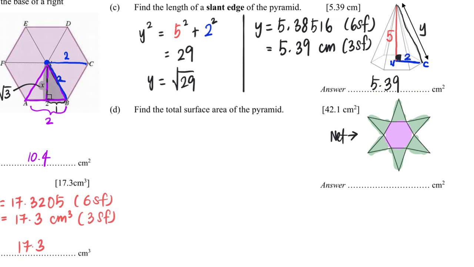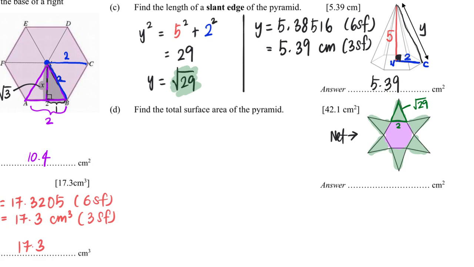I'm going to draw this out. So here will be 2, and the edge, notice what I used, I actually used the most accurate answer, square root 29.